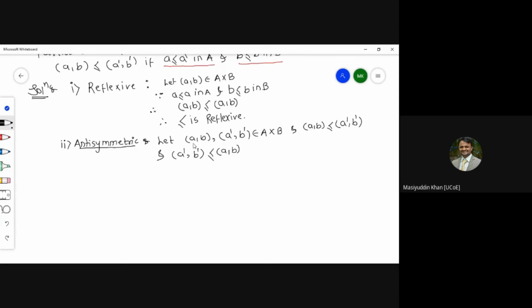So the condition is, please try to understand, let (a, b) and (a', b') belong to A × B. We have to prove the antisymmetric.